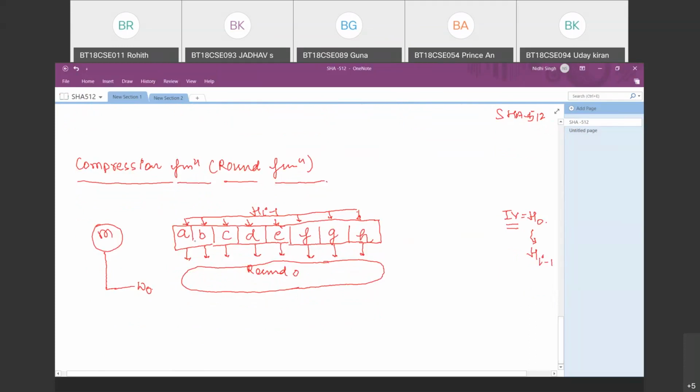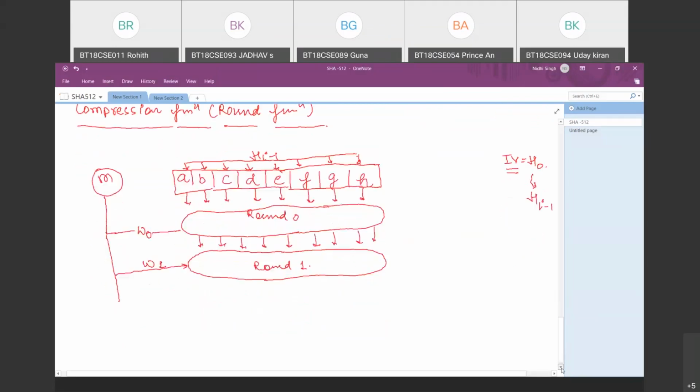This word will be stored into the buffer. The output of each round acts as an input to another round. So this is round 1, and again word 1 over there. So 512, 512, 512 after the padding we have to feed over there.